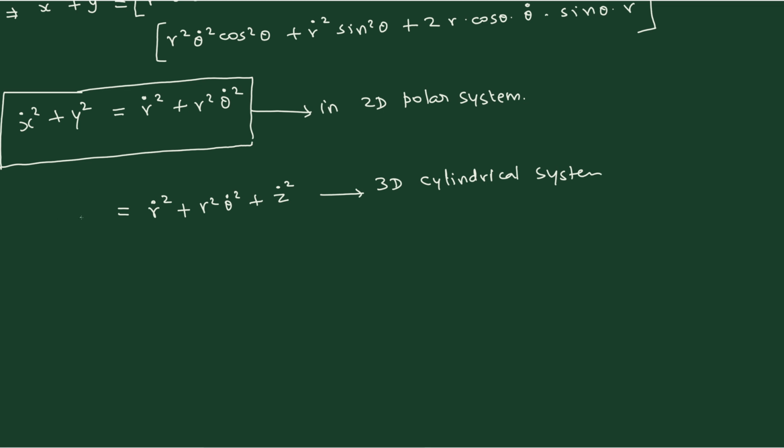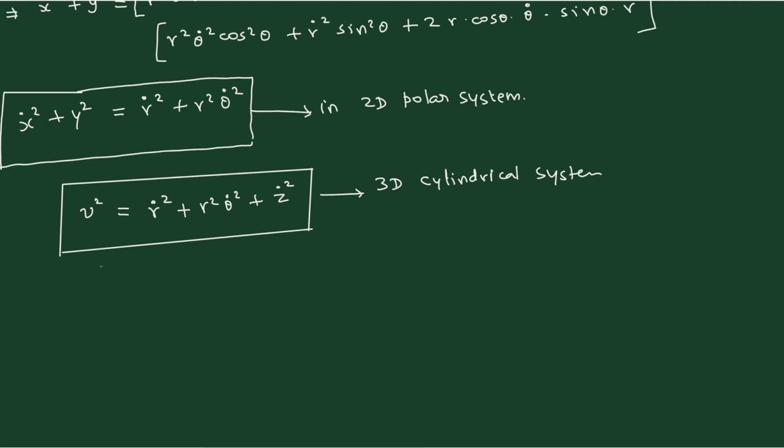Basically, this is v square, the velocity square, which we write as x dot square plus y dot square plus z dot square. So v square will be equal to this. This is one important conclusion.